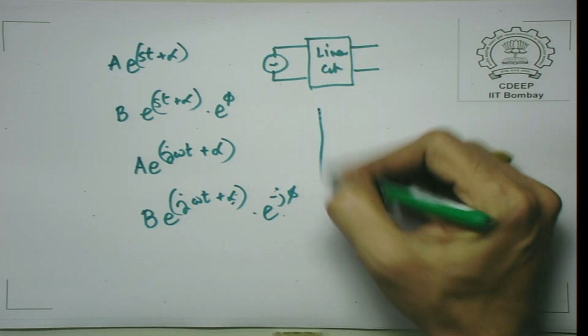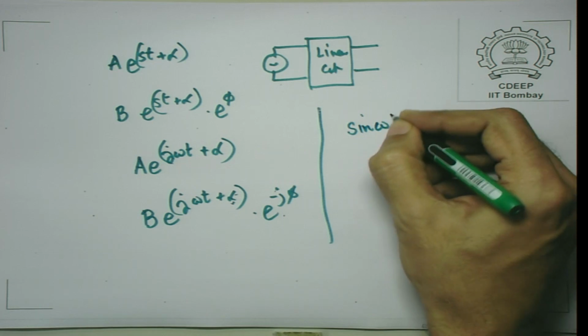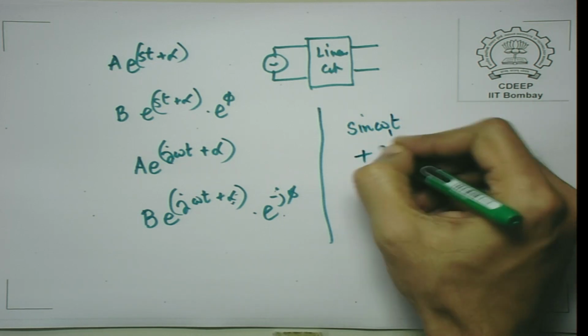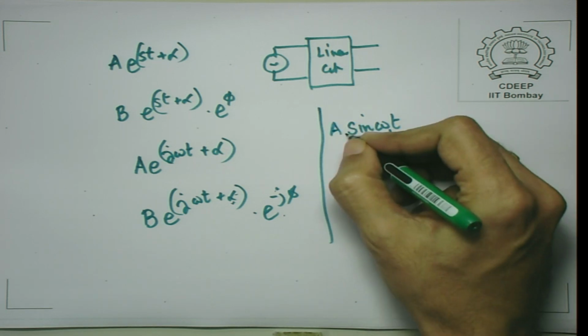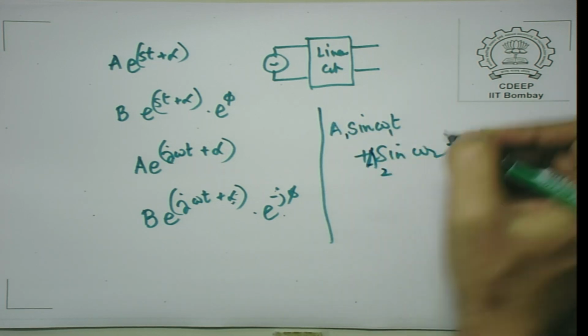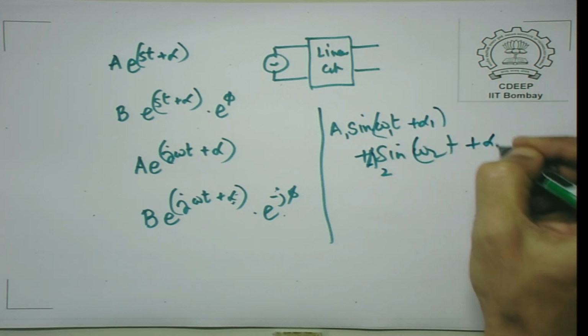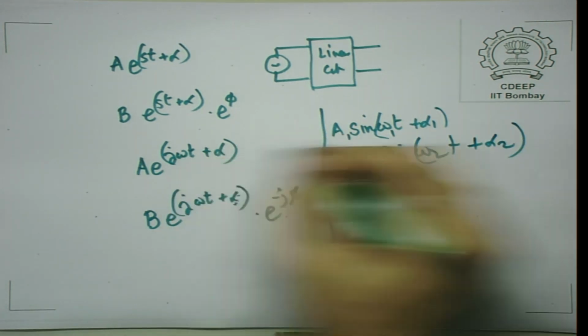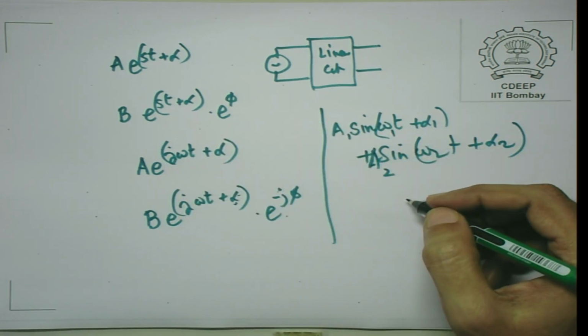But in case you have 2 or 3, for example, you have sin omega 1 t plus sin omega 2 t as your inputs, with amplitudes a1 and a2 and phases alpha 1 and alpha 2. This of course can be expressed again as a sum of exponentials with complex exponents.